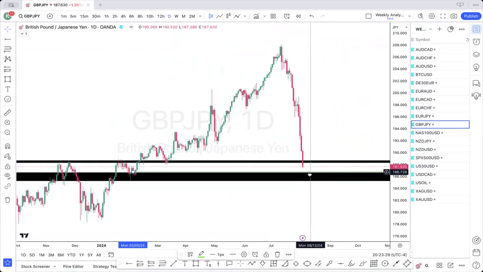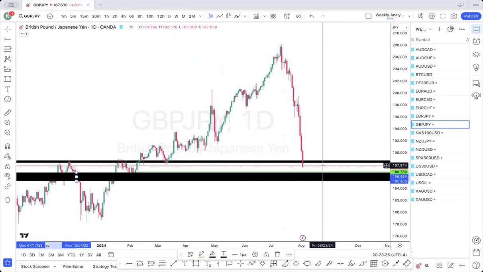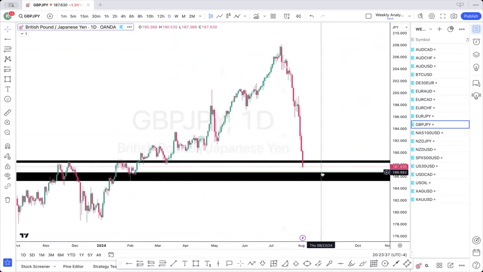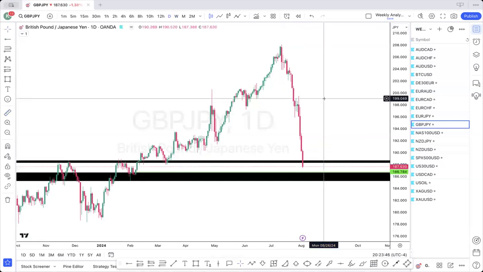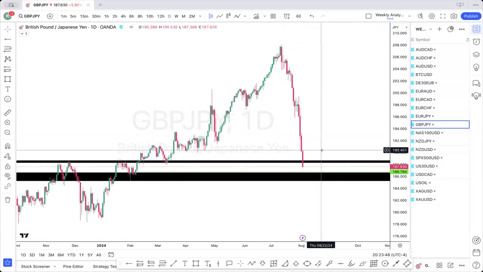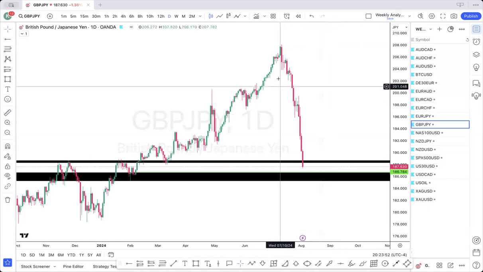a change of character. Again, when you have the zones, and I say close, but this is relatively close because this is approximately 180 pips. So from that zone to that zone is definitely worth trading from one zone to the next.